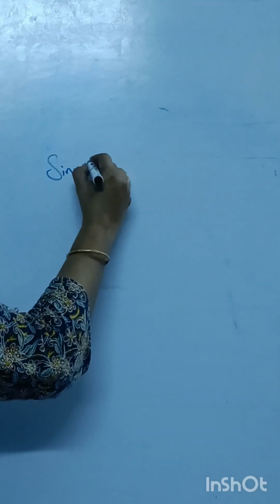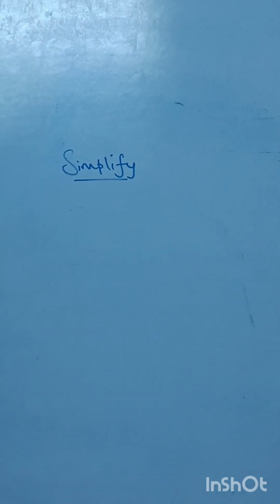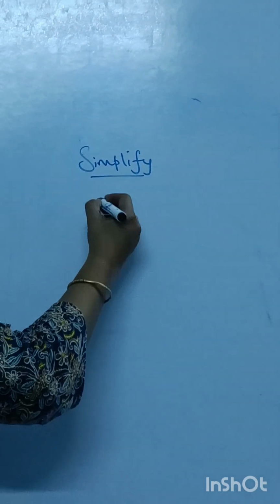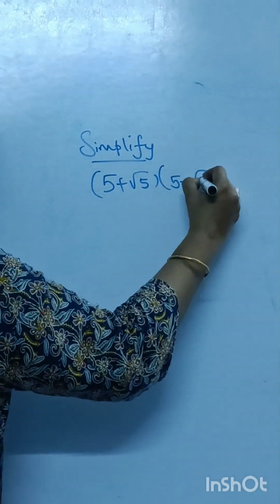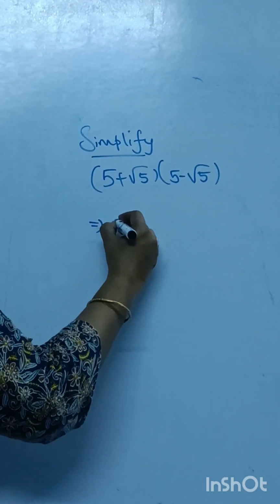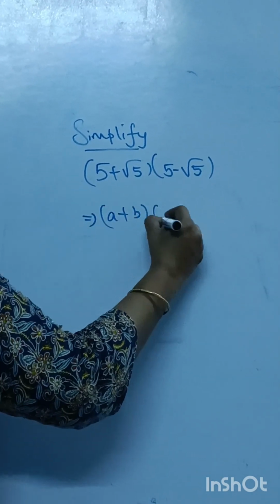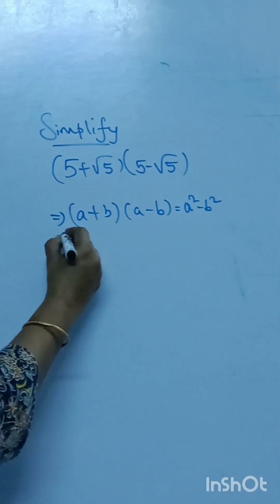Simplifying this, you may expect for MCQs, 1 mark questions. 5 plus root 5 into 5 minus root 5. How will you evaluate? This is in the form of a plus b into a minus b, which is equivalent to a square minus b square.